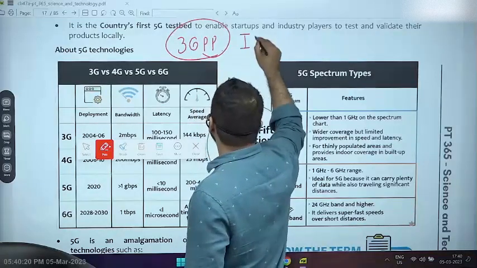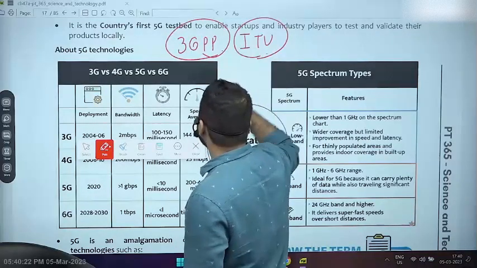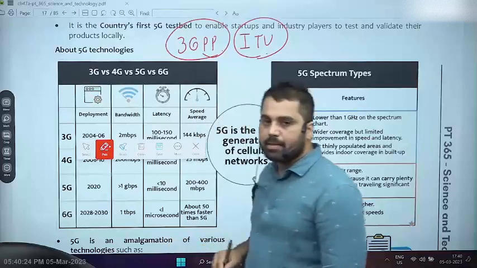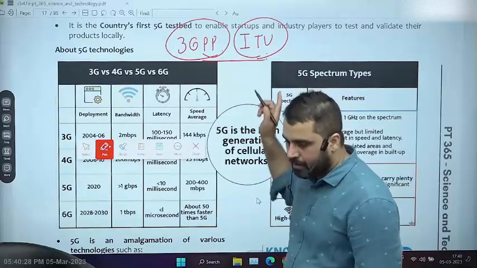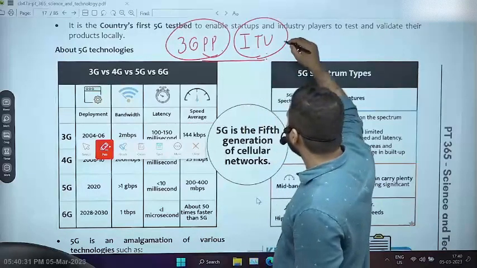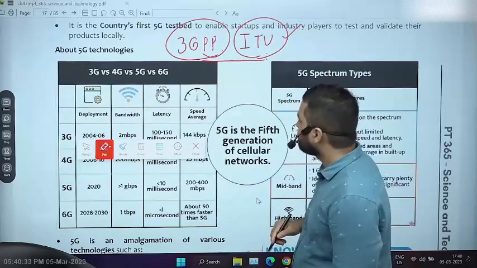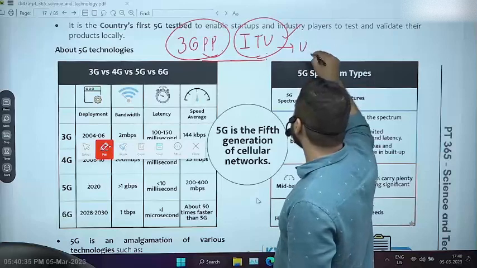So International Telecommunication Union and third generation partnership project, both of them, पहले जो major standards है that will be decided by ITU, that is an agency of United Nations.